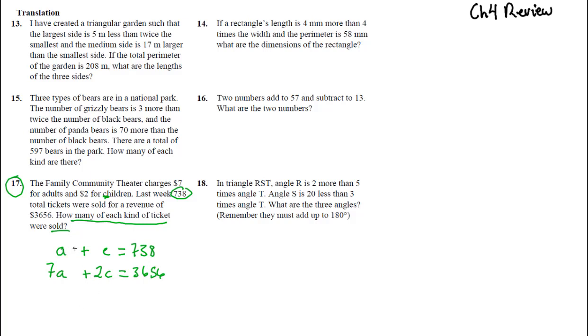So now how do we solve this thing? Well, we got a system of equations. We're going to use elimination. Which one do we want to get rid of? I think we want to get rid of the C's, it'll be just as easy as anything. So times by a negative 2, and a negative 2, and a negative 2. So that becomes a negative 1476, I think, when we times that by 2. 1476, yep, indeed.